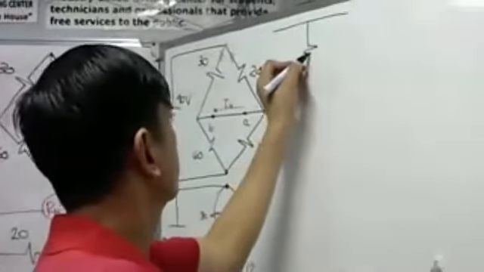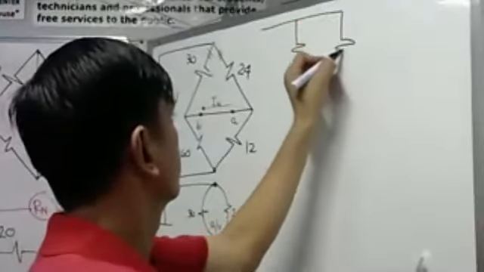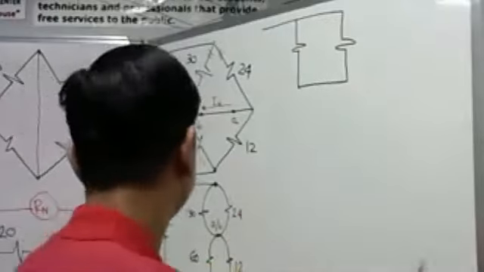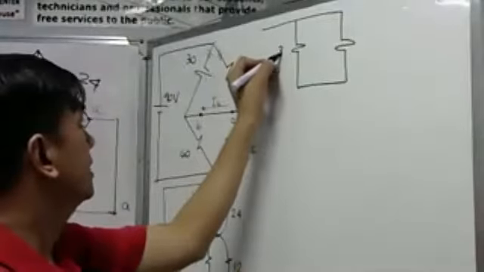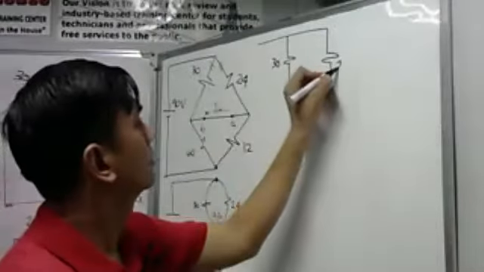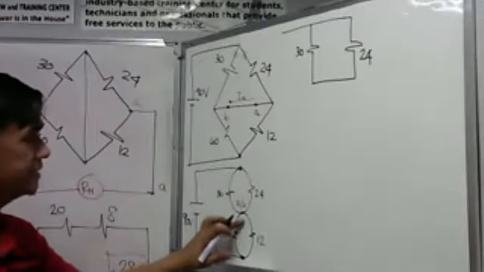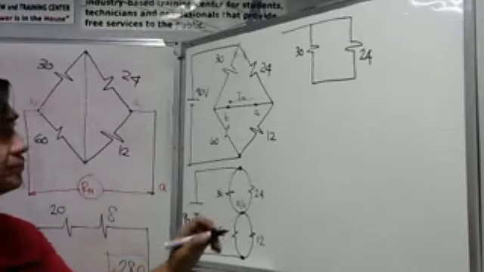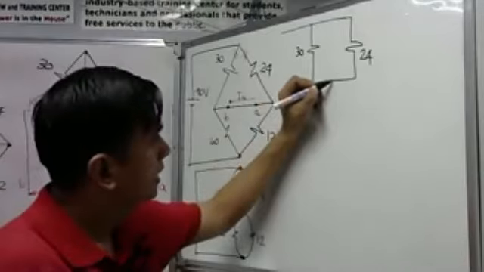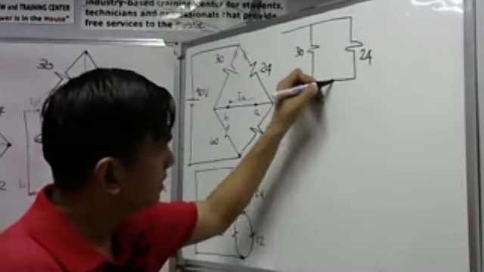So, this is the 30, and this is the 24. Take a look here. We have this point AB. I will just have a conductor here like this one.